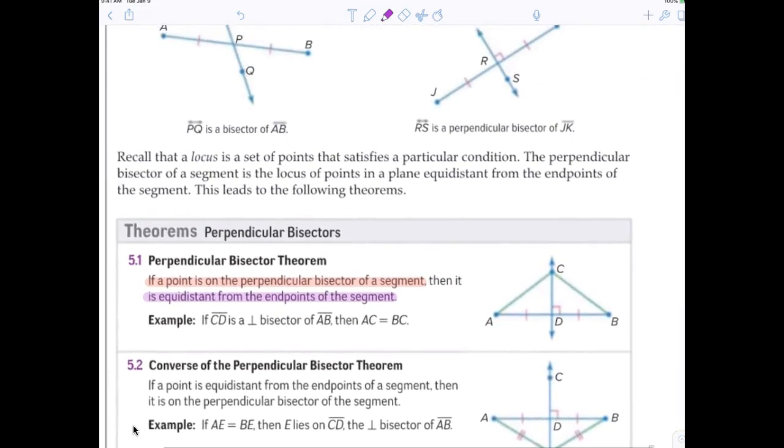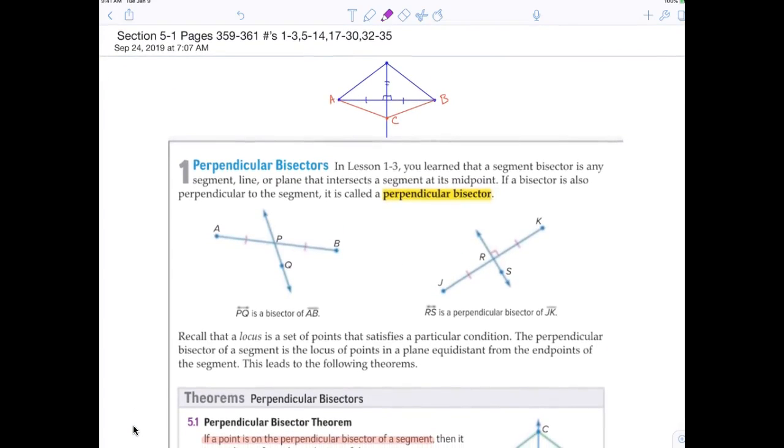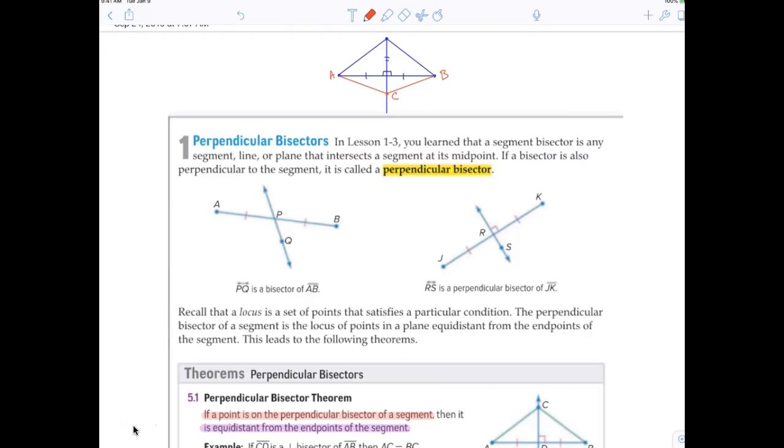They're saying if I come back to my drawing over here and I put a point right there, and let's call this D, AD is congruent to BD, then what has to be true?